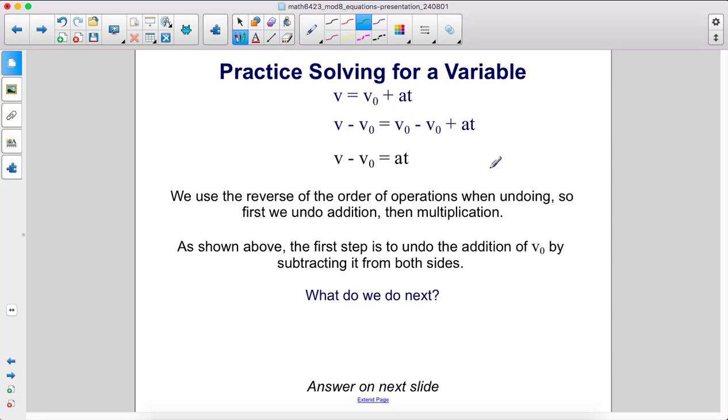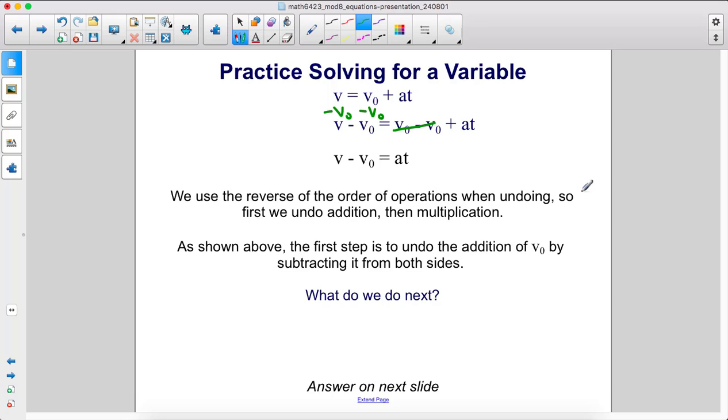We use the reverse of the order of operations when undoing. So first, we're going to undo the addition, then the multiplication. As shown above, the first step is to undo the addition of v naught by subtracting it from both sides. So we're going to subtract v naught from both sides. And the v naughts cancel out on the right, and we have v minus v naught on the left.